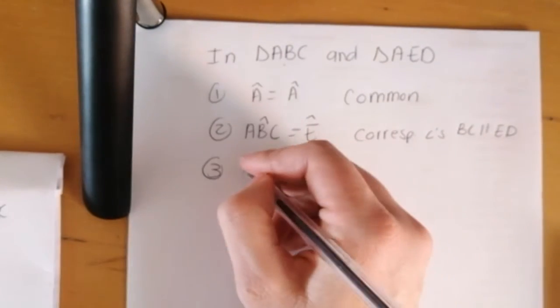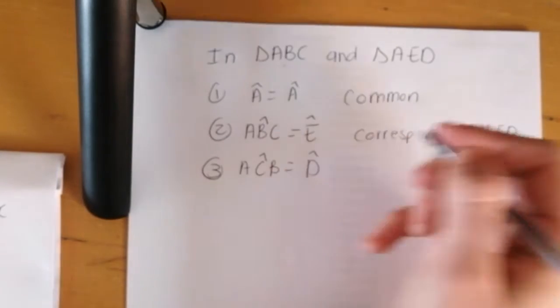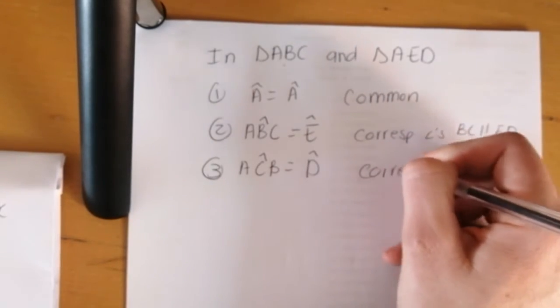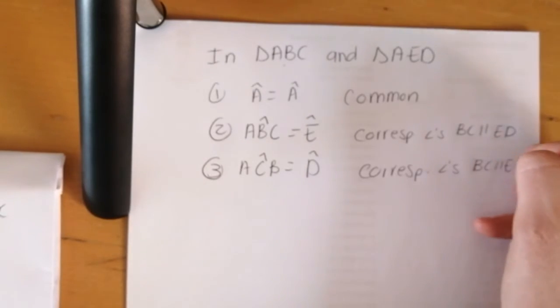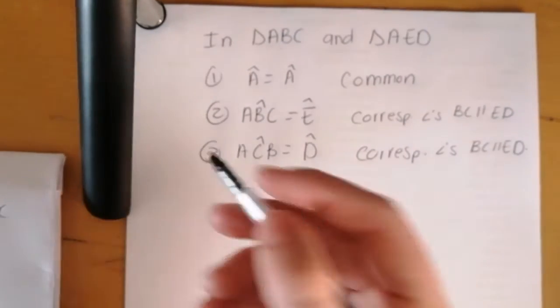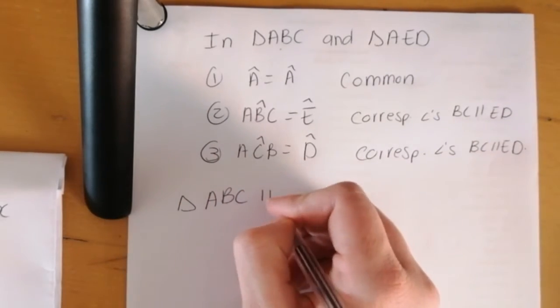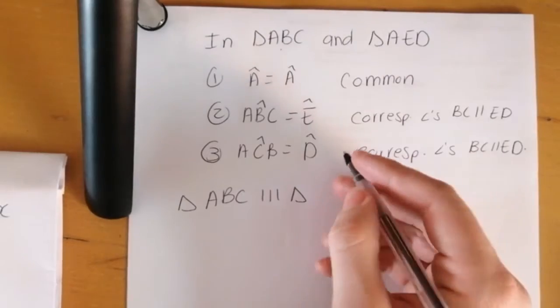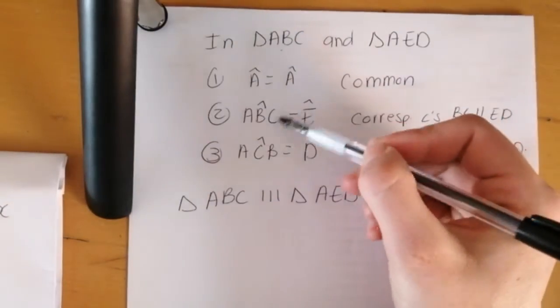And lastly, angle ACB is equal to angle D, once again corresponding, or you guys can use interior angles of a triangle. And then we can state, but triangle ABC is similar to triangle AED because of angle, angle, angle.